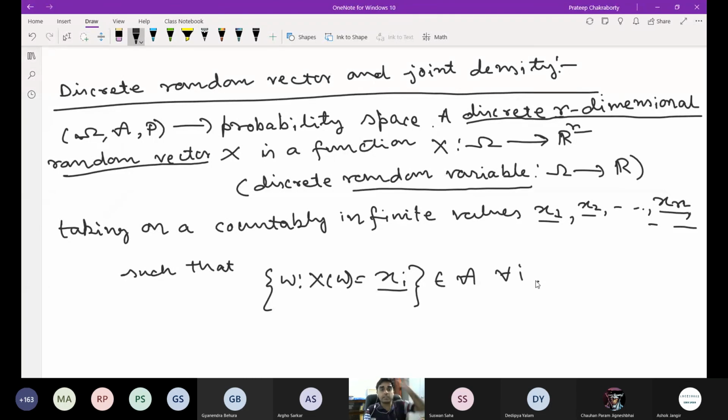Just like the definition of a discrete random variable, there it was a map from omega to R, here omega to R power r.